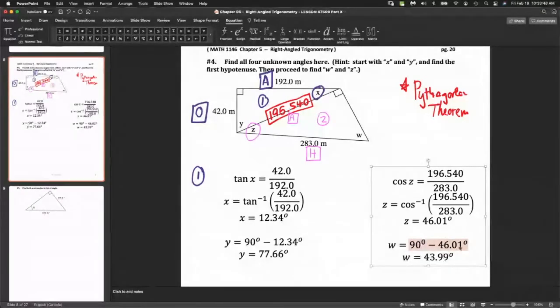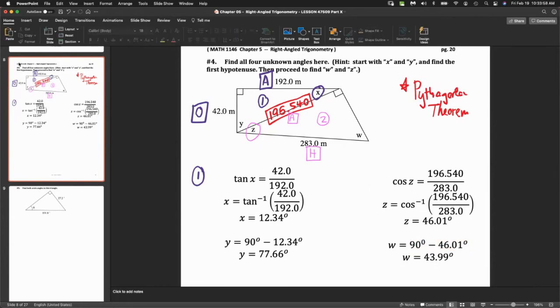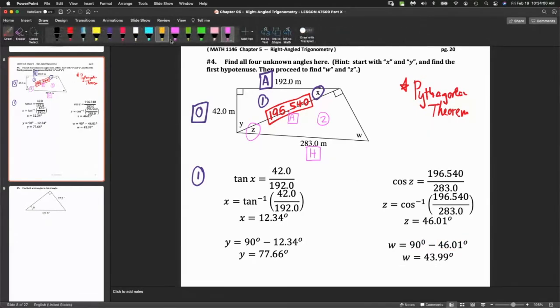You'd say, I have $90 and I'm taking away $46.01. And then you're good.